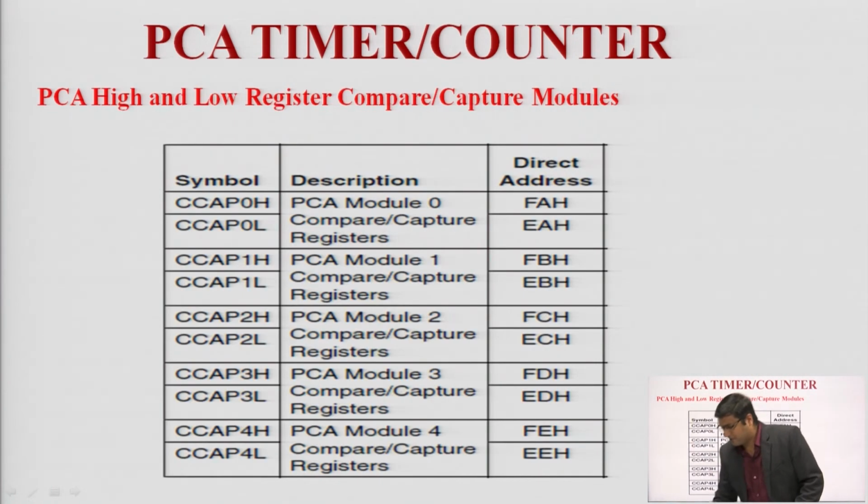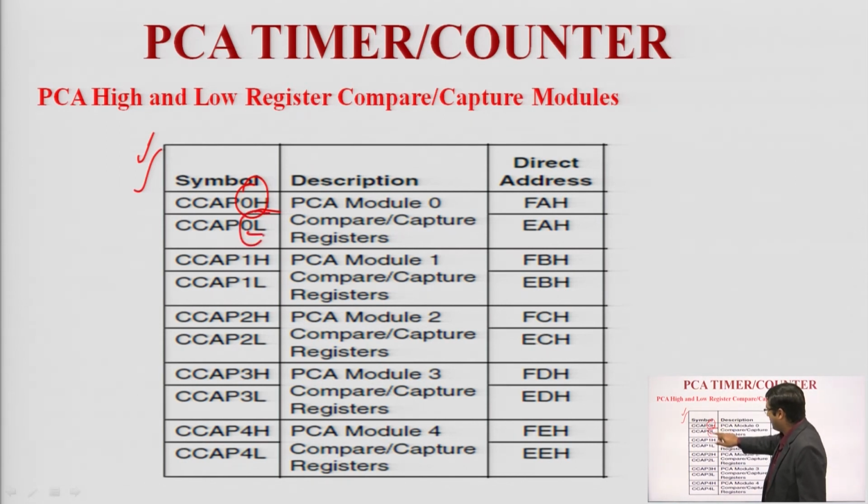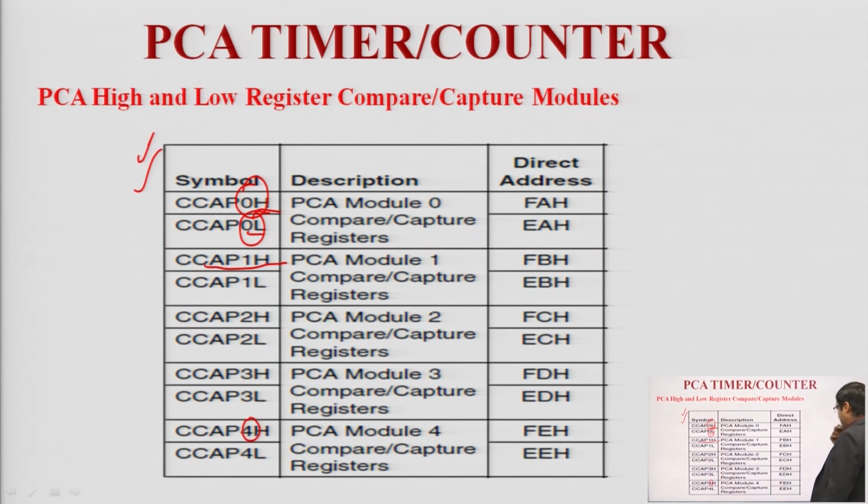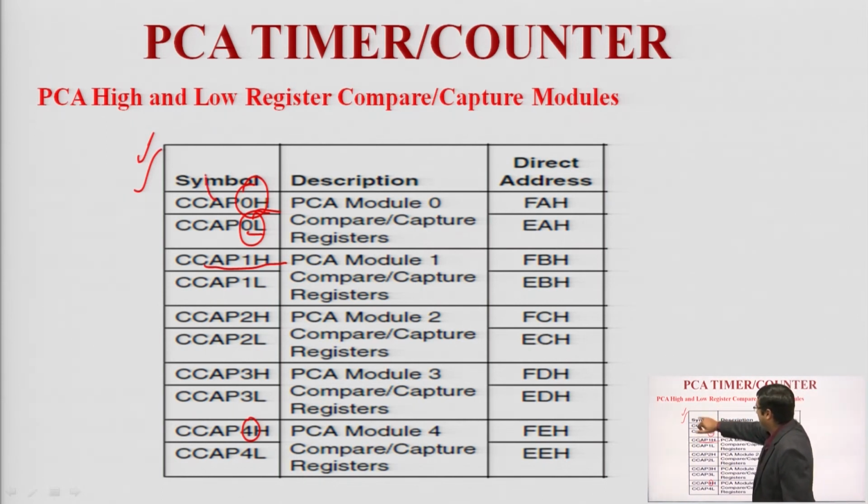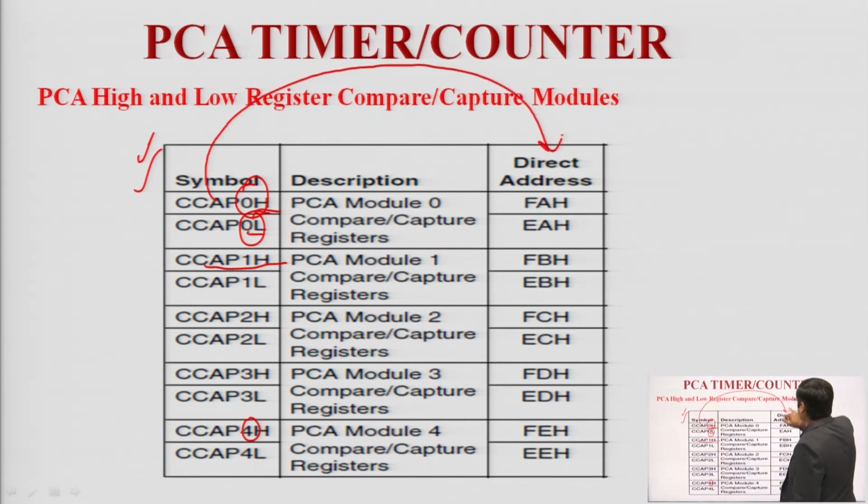So how does this occur? This occurs through this table. CCAP0H represents the module 0 high operation, similarly CCAP1H represents module 1 high operation, and similarly CCAP4H represents capture and compare module 4 high. So basically for each register there is some address associated with it. So the address of CCAP2H is FCH.